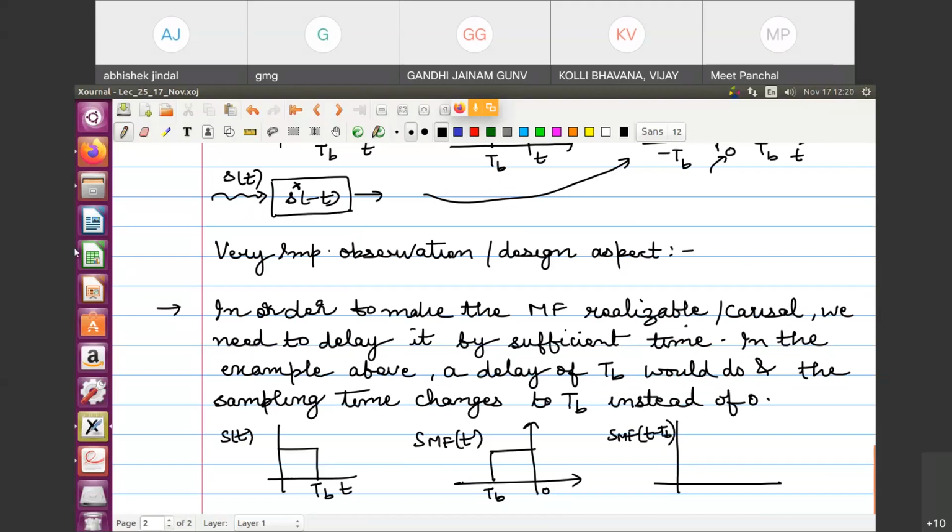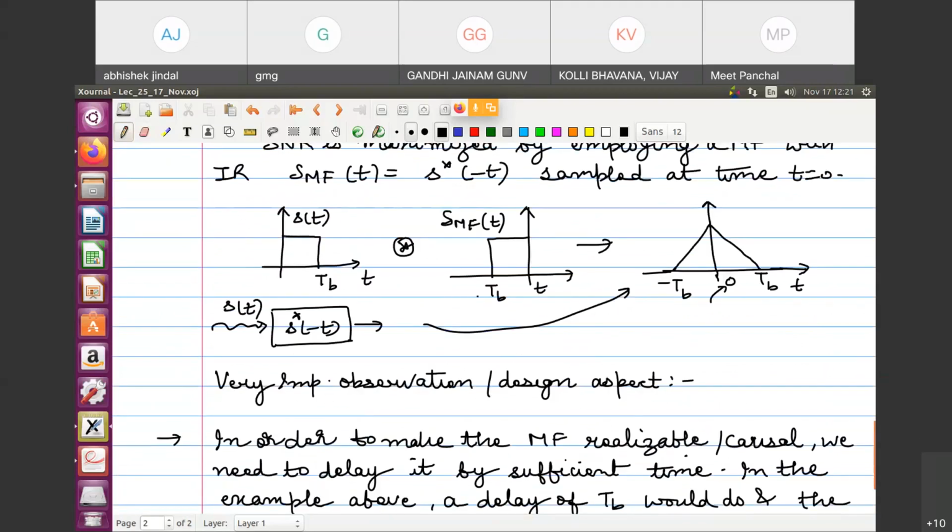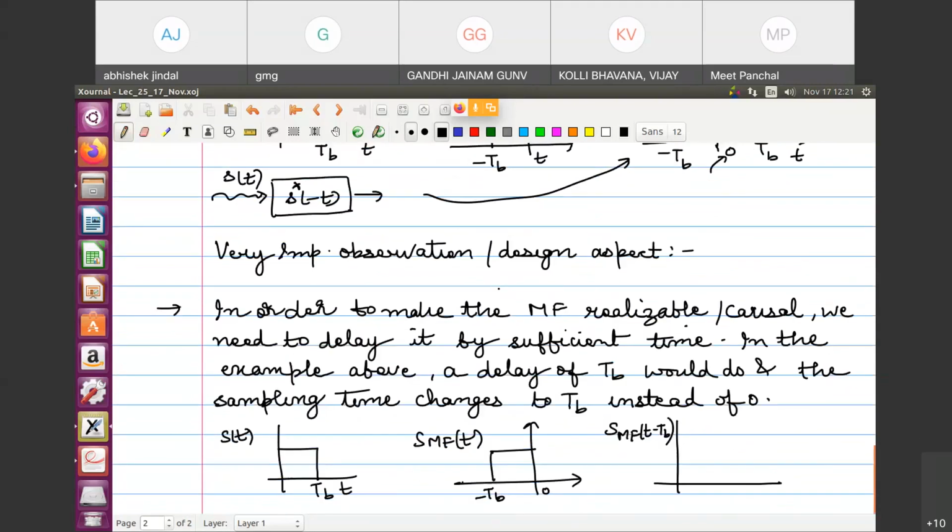Once you do that, this becomes like this, with T_b and 0.